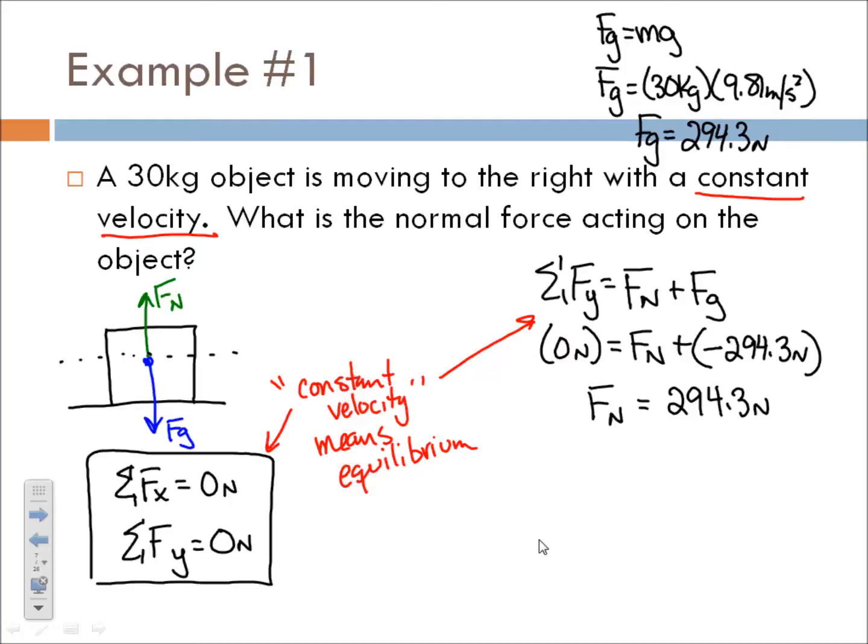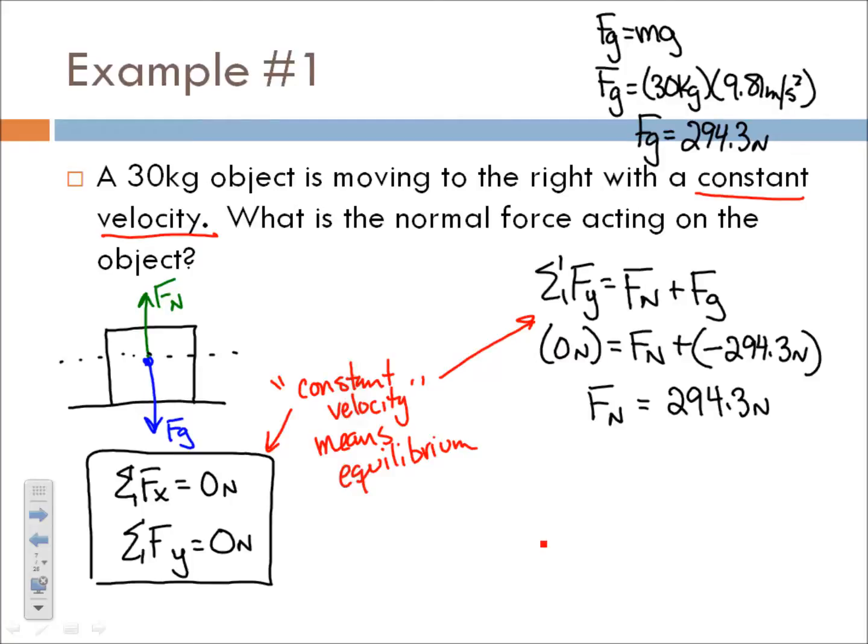Well, we're saying here that the gravitational force and the normal force are balanced with each other. These are two forces. They're balanced with each other. And the only way the two forces can be balanced with each other is if they have the same value, the same number, the same magnitude, 294.3. But they have to be in opposite directions. So the gravitational force is a negative 294.3 newtons, and the normal force is a positive 294.3 newtons.